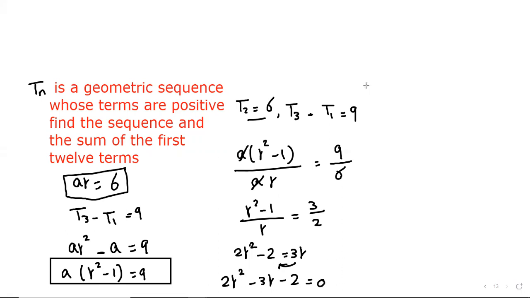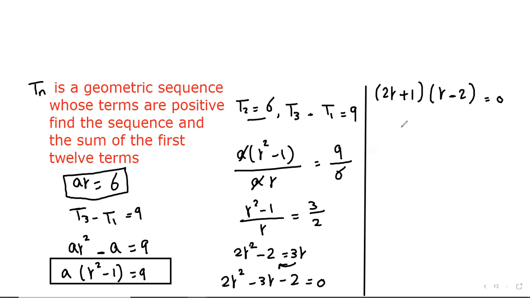Then factorize this expression. It will be 2R plus 1 multiplied by R minus 2 equals 0. Then we have two solutions. The first one, 2R equals negative 1, and R equals 2. R equals negative half is refused here because all terms are positive, so this one is refused.